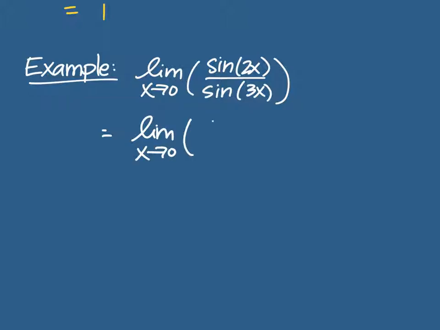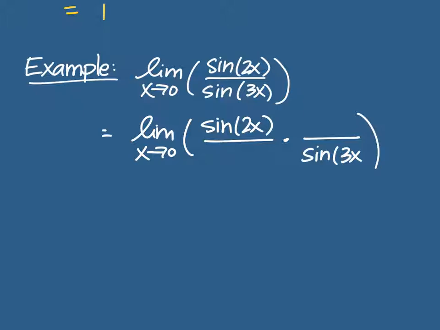So do this. Break it up. I would really, really like there to be an x here. But if I'm going to put an x down in the denominator, what else do I have to do? I have to put an x in the numerator, because whatever I do to the denominator, I have to do to the numerator.